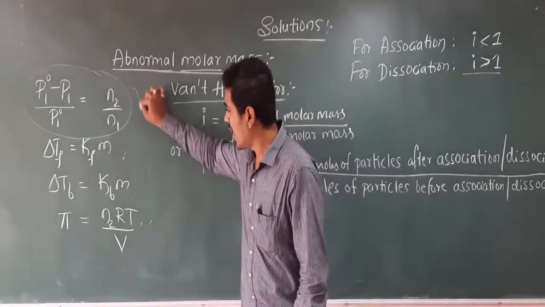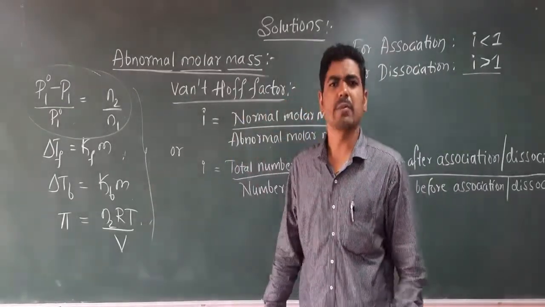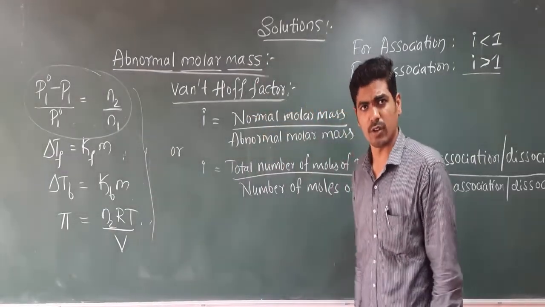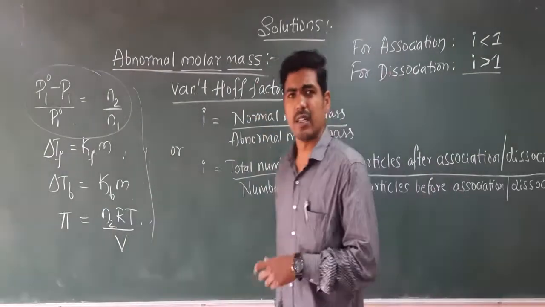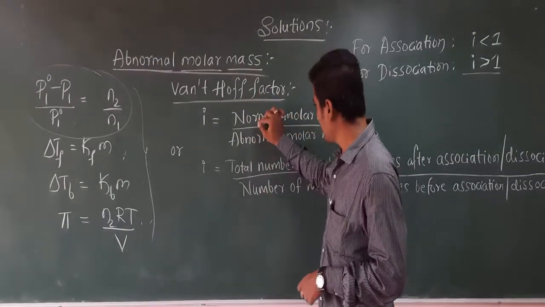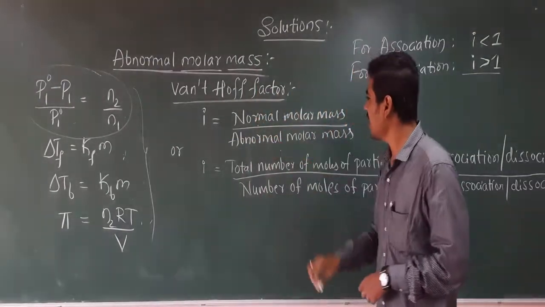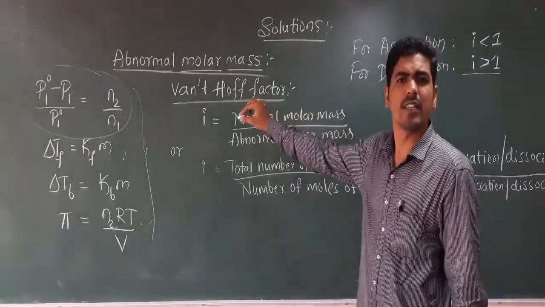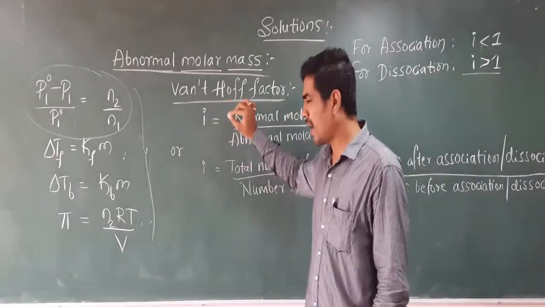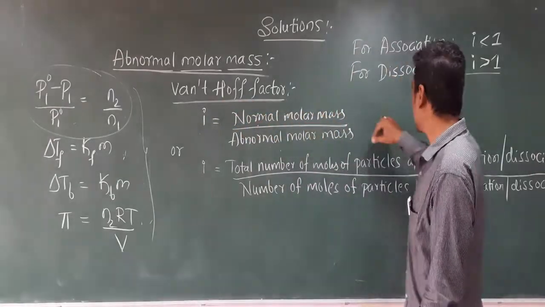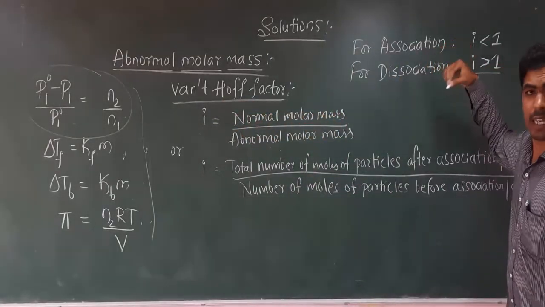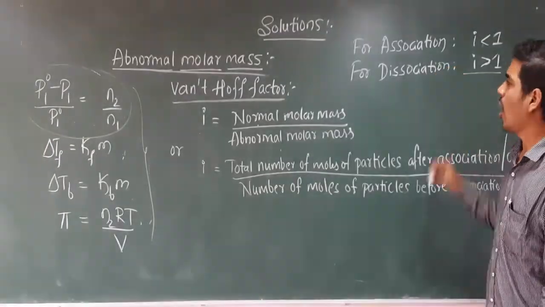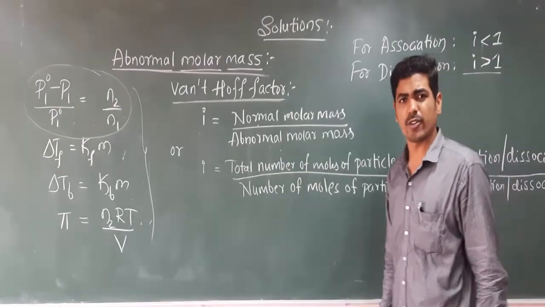These values are abnormal, meaning they give abnormal molar masses of the solute. If we substitute the normal molar mass and the abnormal molar mass of the solute, we will get the value of i. By using that i value, we can know whether the molecule will undergo association or dissociation.